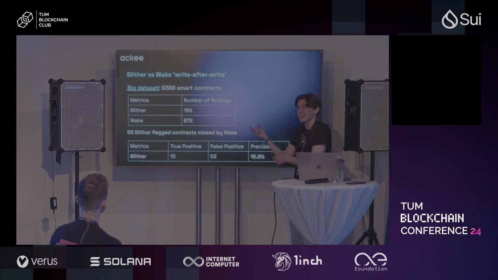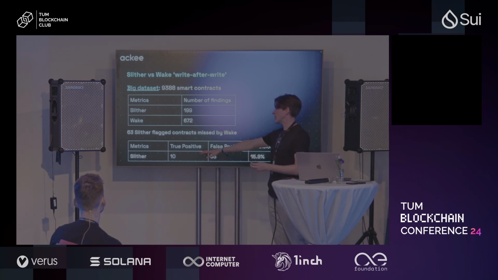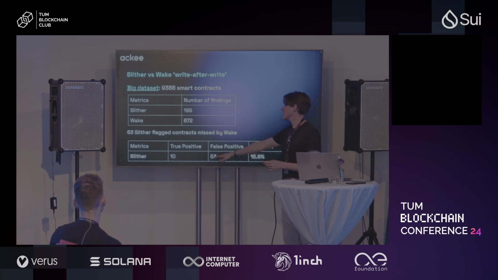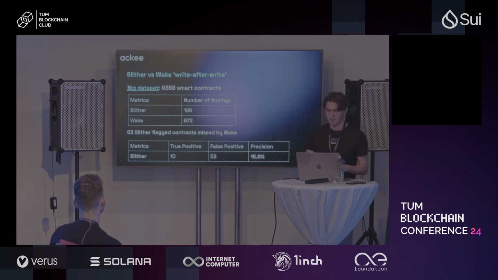And after we analyzed what issues Slither found that we didn't find in the Wake framework, it resulted in only 10 true positives, which were about state variables that we haven't implemented yet. And there are 53 false positives, which results in a precision of almost 16%.